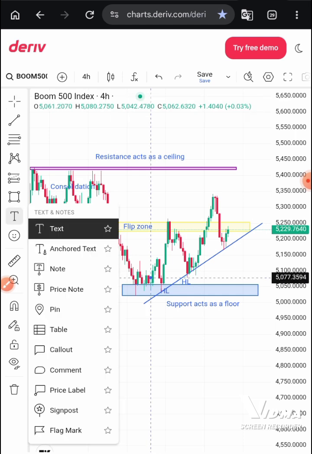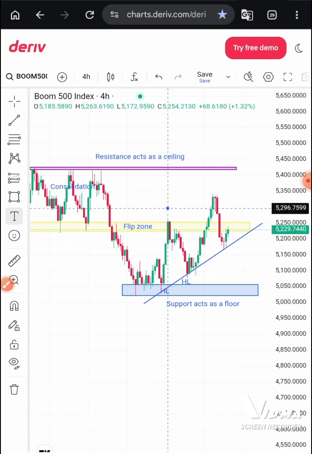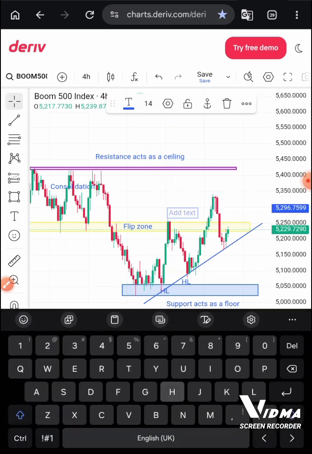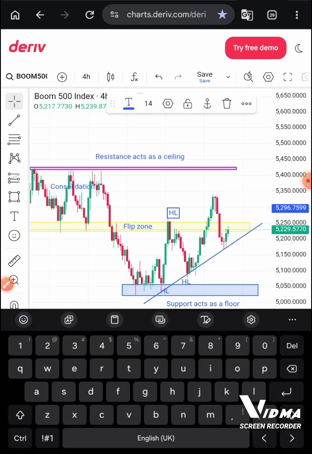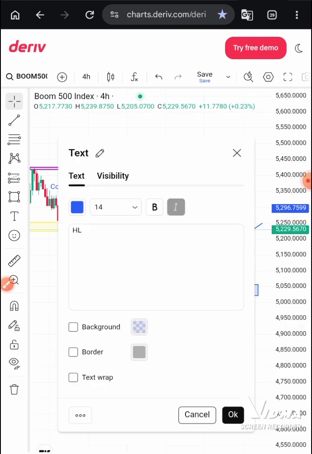So when you find yourself practicing this, I just want you people to take time to go to your charts and to practice. Sorry, I was supposed to say high there. Apologies, that's a typing error. Let me just fix it.